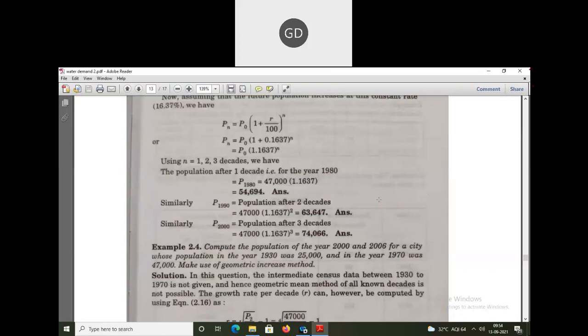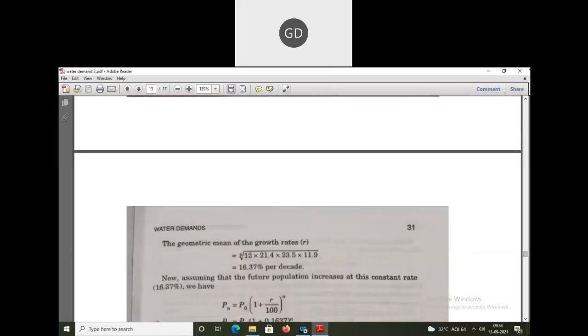Or you just calculate this: 12 into 21.4 into 23.5, multiply, and then raise it to the power 1 by 4. In the calculator it is there, you can just put in this formula and find it out.